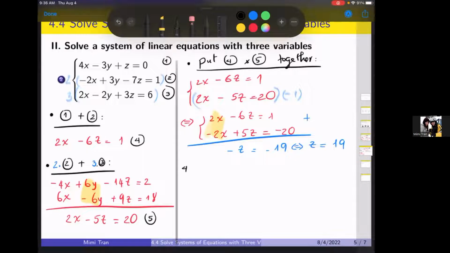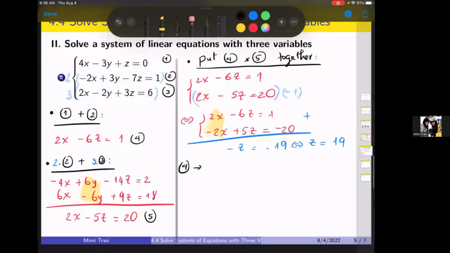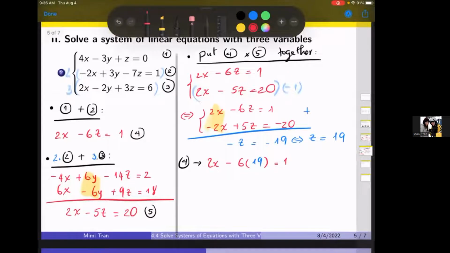You can pick equation 5, nothing wrong with it. Just choose something that makes your life easy. So equation 4 is 2x minus 6z, z is 19, is equal to 1. Go ahead and solve for it.